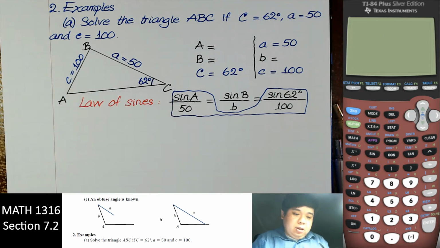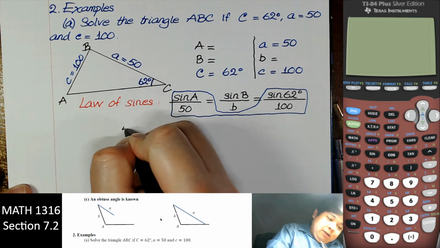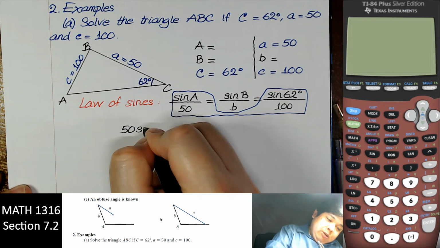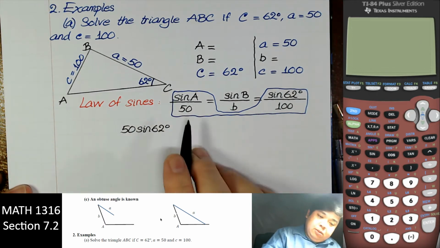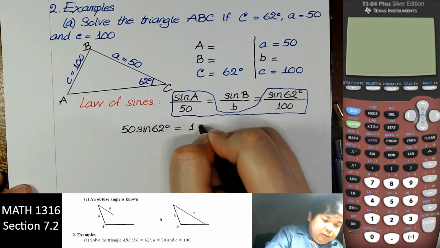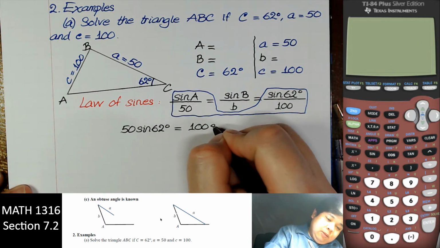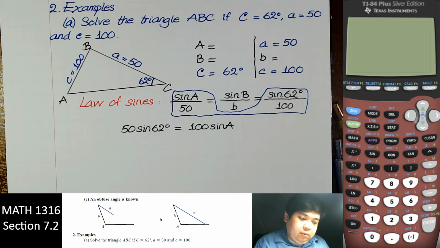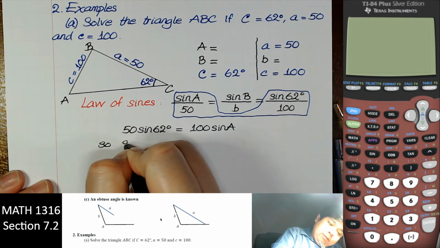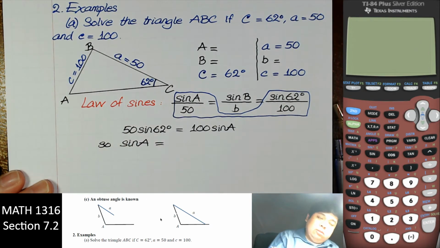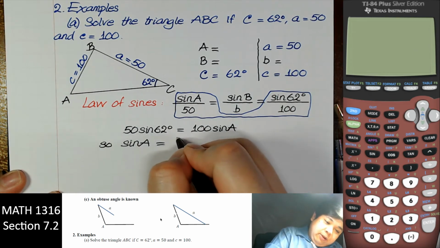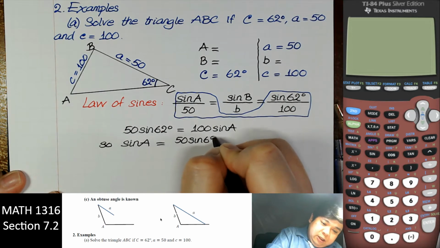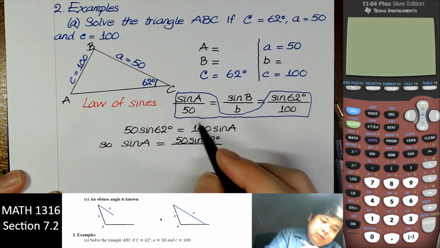Right? So, cross multiply: 50 sine of 62 degrees equals 100 sine A. And then to solve for sine A, it is 50 sine of 62 degrees over 100.